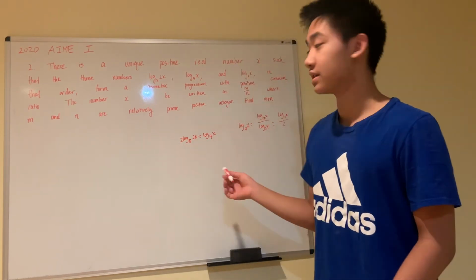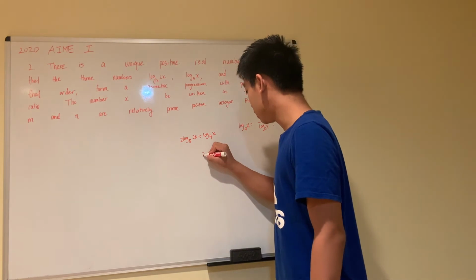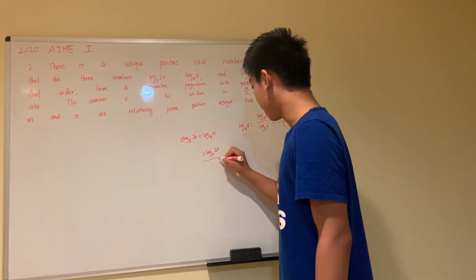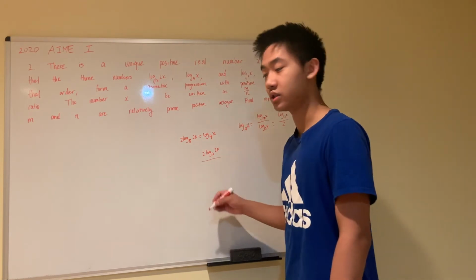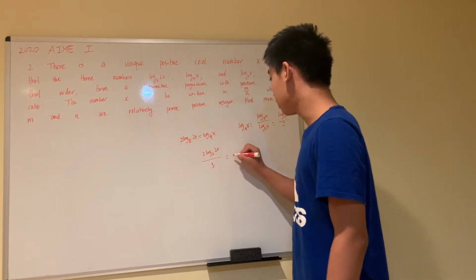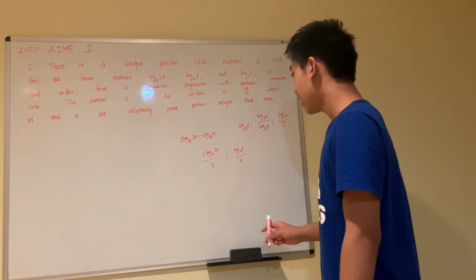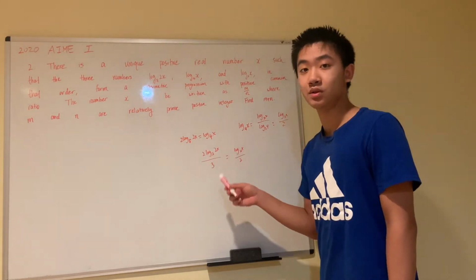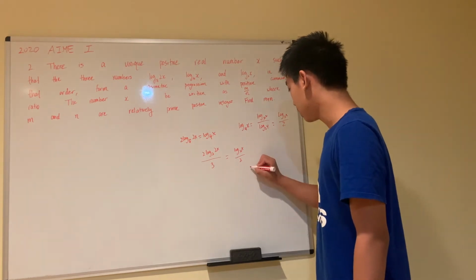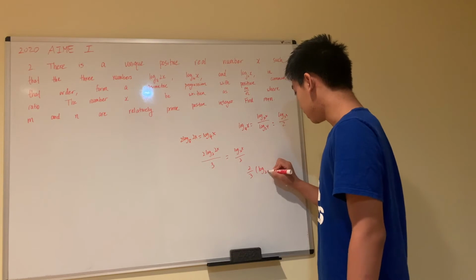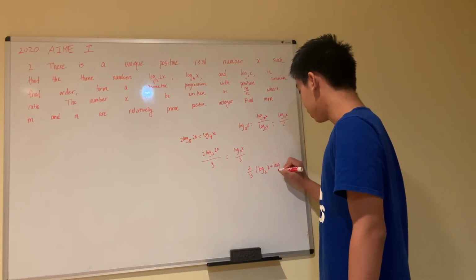If we use change of base on these, you can get 2 log base 2 of 2x over log base 2 of 8, which is 3, equals log base 2 of x over 2. And if you simplify log base 2 of 2x, it's going to be equal to 2/3 times log base 2 of 2 plus log base 2 of x.